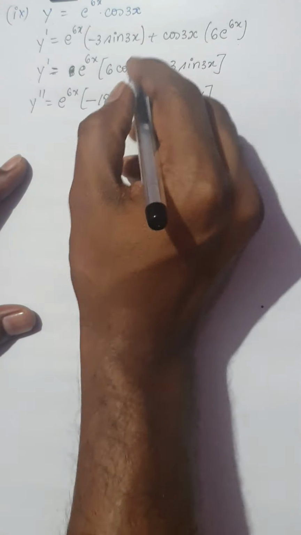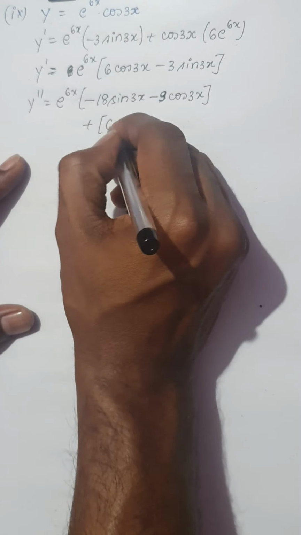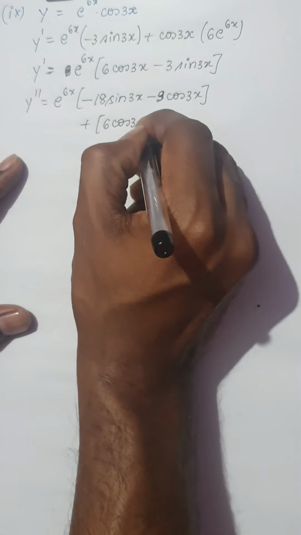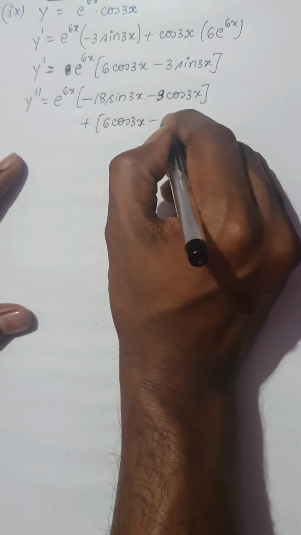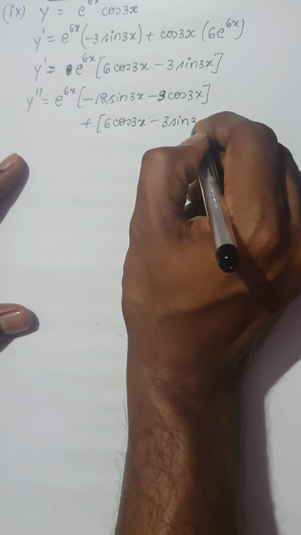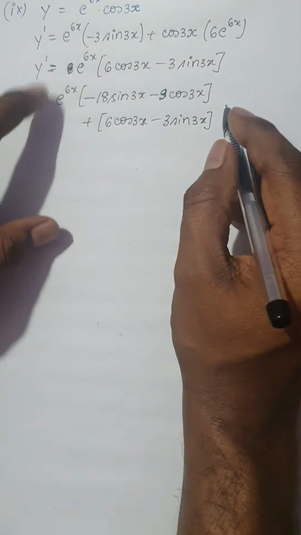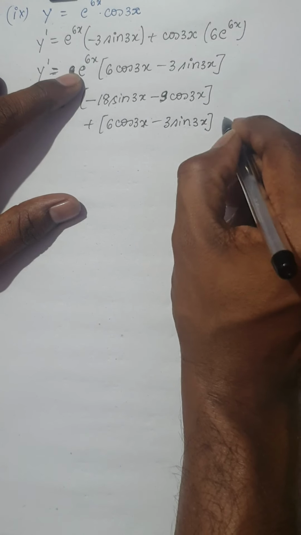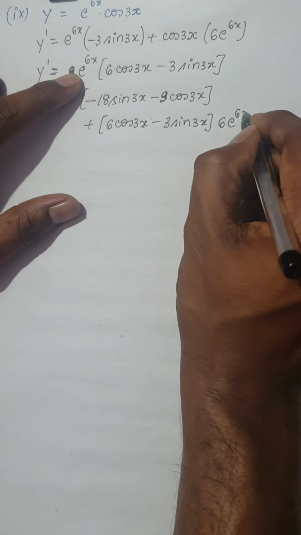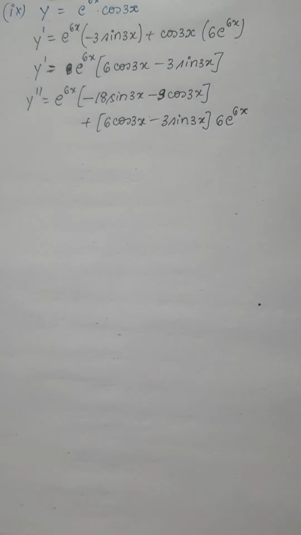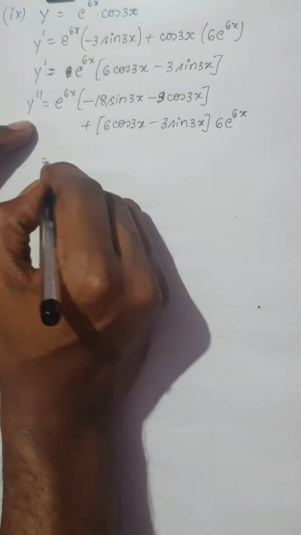Okay, plus now keep this function as it is, that is 6 cos 3x. Okay, minus 3 sine 3x. Now keep this function as it is. The derivative of e power 6x is 6 into e power 6x, isn't it? So let us write it in the most simplified form.